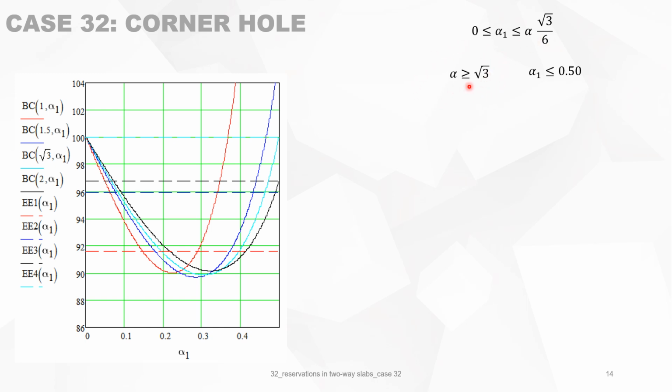We know that when alpha is bigger than square root of 3, then alpha 1 must be smaller than 0.5. And when alpha is smaller than square root of 3, alpha 1 must be smaller than this. Because we have two conditions. The first one was alpha 1 smaller than 0.5, and the second condition was this. So we see now in which case the condition is governing.